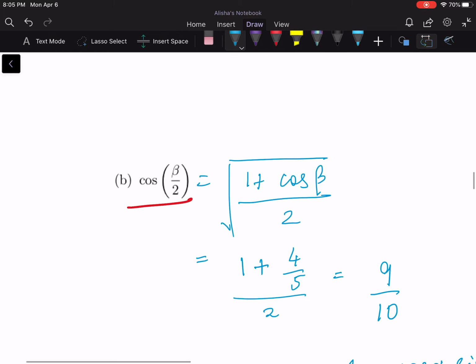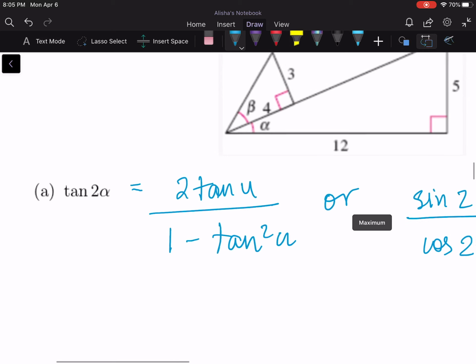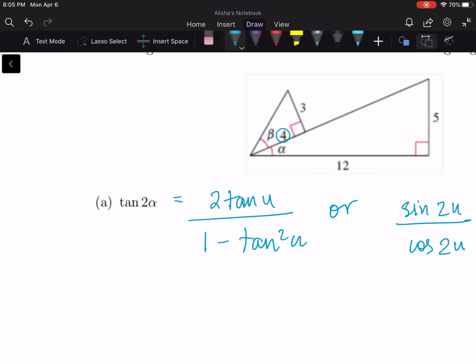And now plugging in, well, what is cosine beta? So the adjacent is 4. What is the hypotenuse? Well, it's going to be the square root of 4 squared plus 3 squared. That is the square root of 16 plus 9, square root of 25.